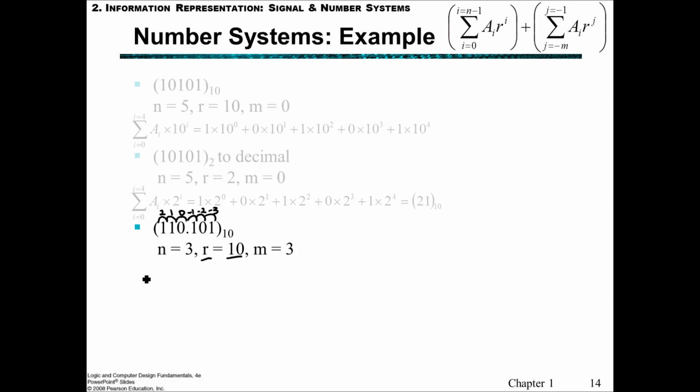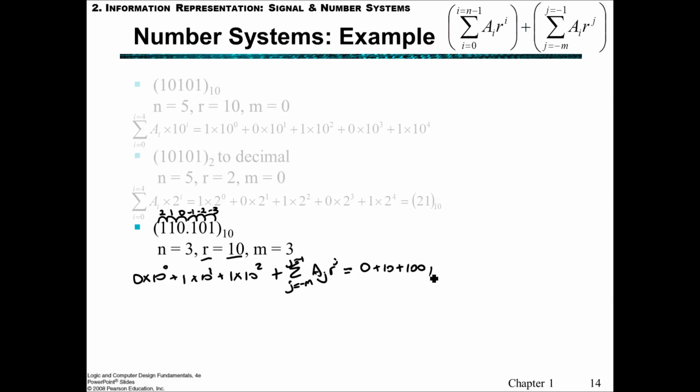So we can represent this as 0 times 10 to the 0 plus 1 times 10 to the 1 plus 1 times 10 to the 2. And then different to the first two examples, we actually now have a sum between j equaling -m and j equaling -1 of a_j r^j, which equals, we've got 0, 10, and 100.